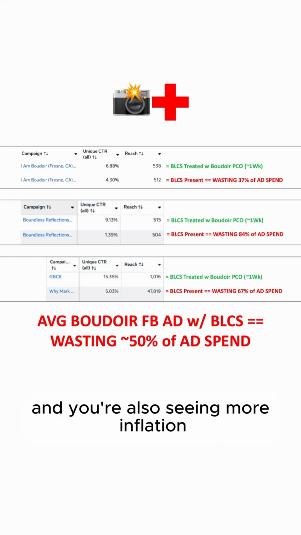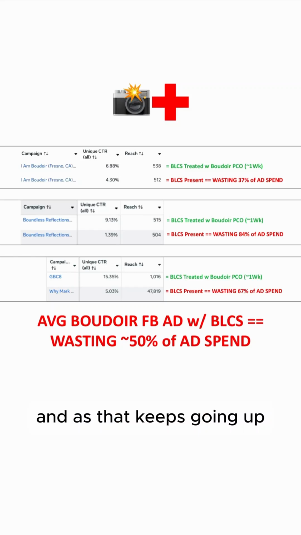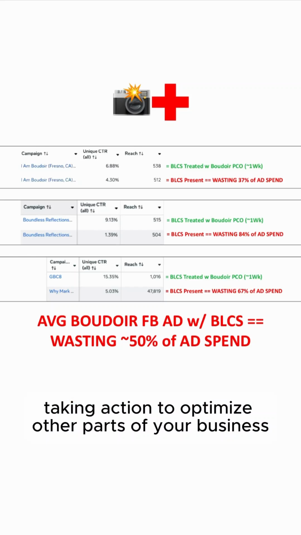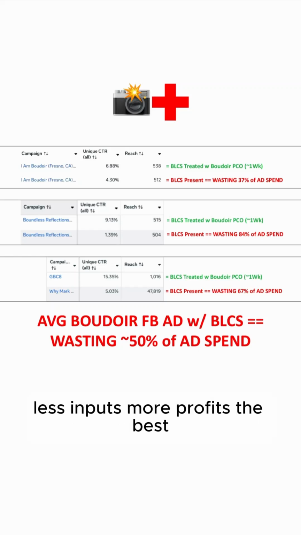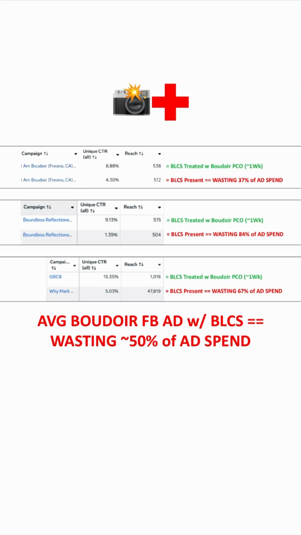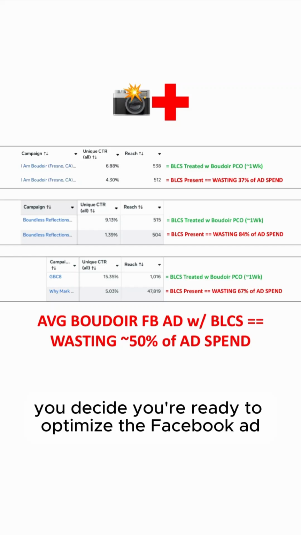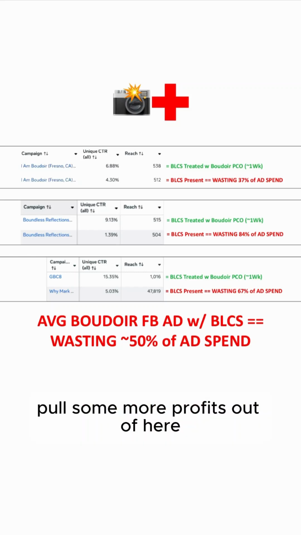And you're also seeing more inflation, cost of life keeps going up, and as that keeps going up, you've already been taking action to optimize other parts of your business, pull out more profit for the same inputs, or even better, less inputs, more profits, the best. And so you've been optimizing other places in the business, and now you decide you're ready to optimize the Facebook ad part of your boudoir photography business. Pull some more profits out of here.